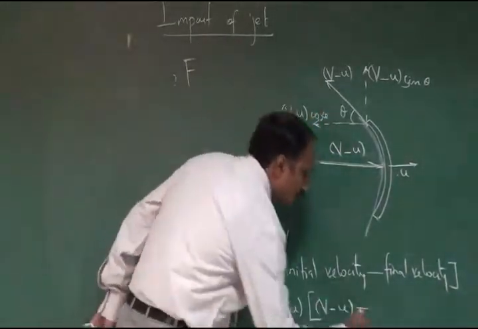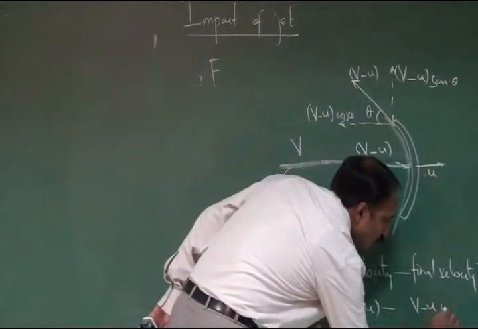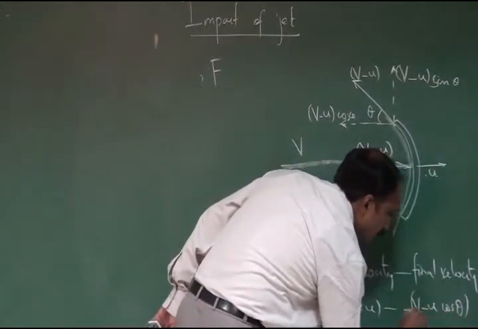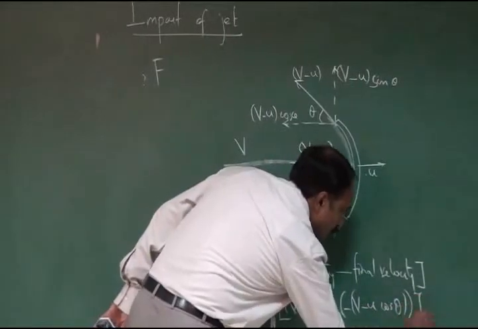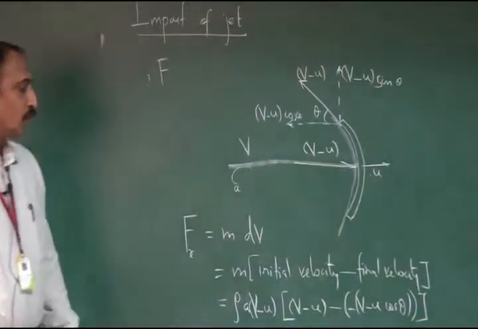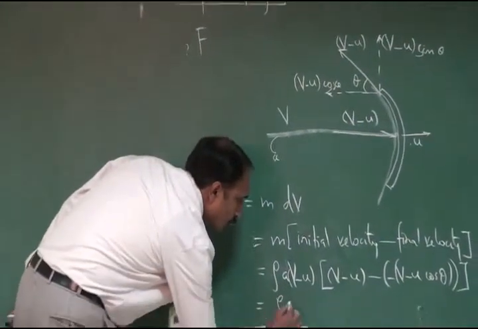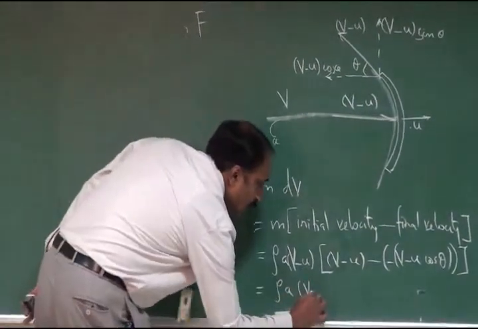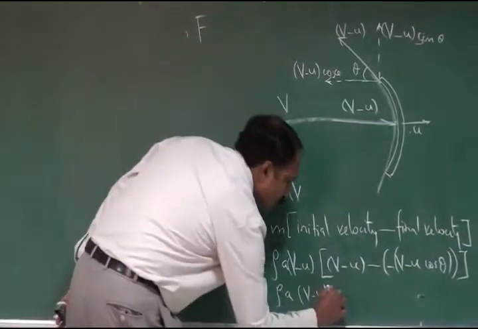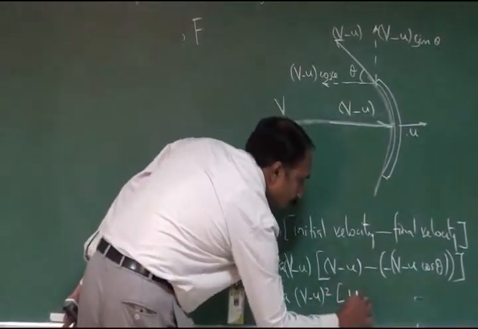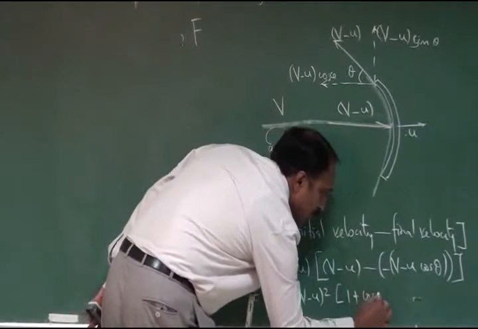The horizontal component of this force is again V minus u cos theta. After simplifying this, we get rho A (V minus u) whole square into (1 plus cos theta).